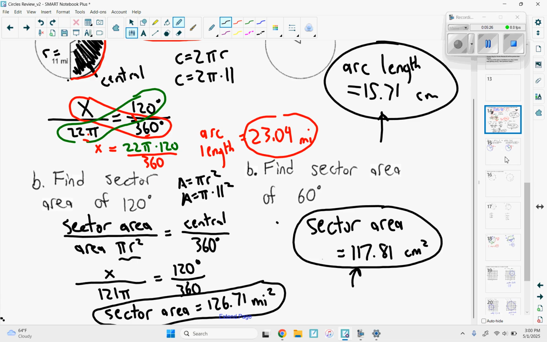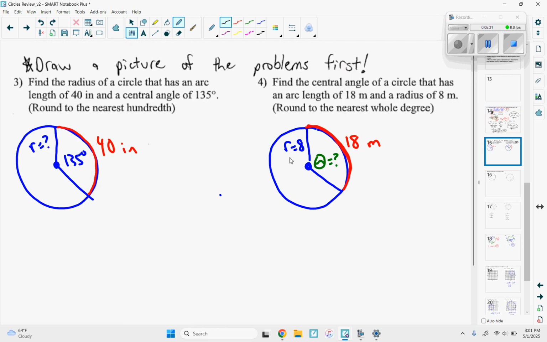All right, let's move on to our next problem. Here on number 3 and 4, you'll notice we are given an arc length in both of these.